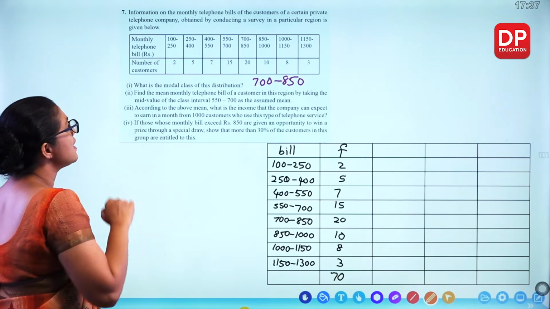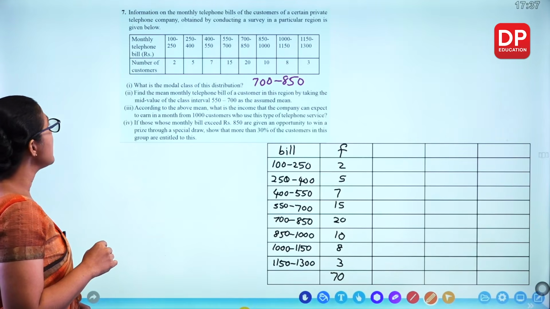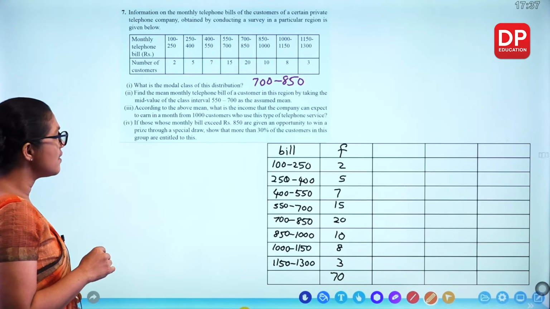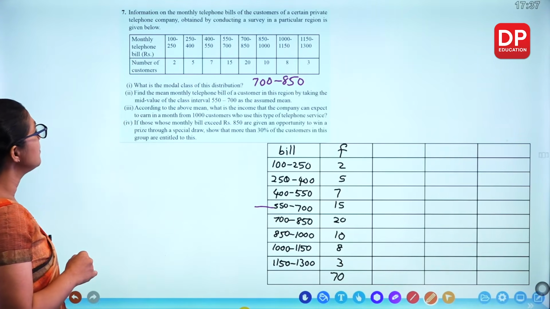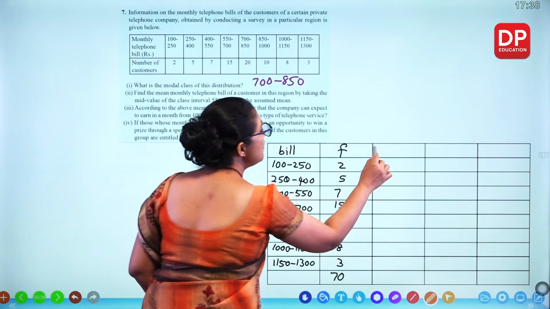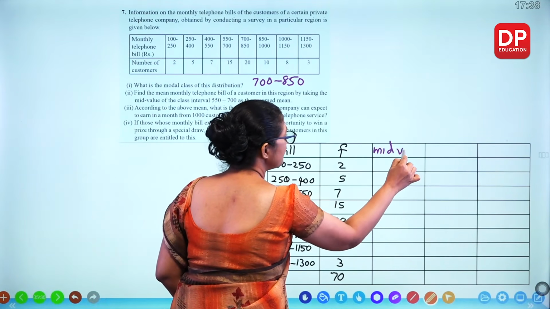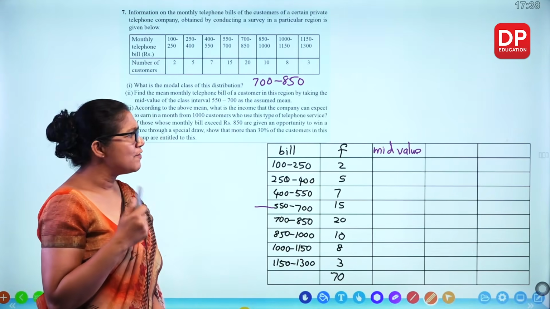Find the mean monthly telephone bill of a customer in this region by taking the mid value of the class interval 550 to 700. So we have to find the mean value. So take the mid value. Now calculate the mid values.